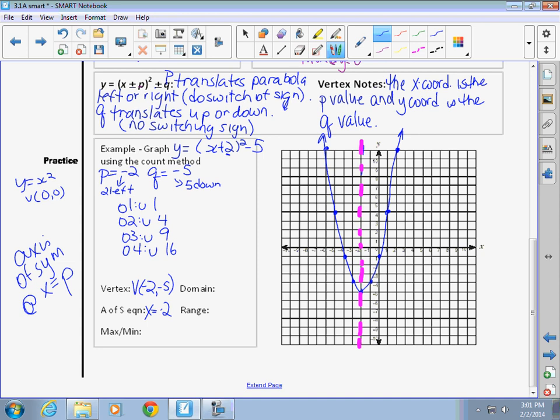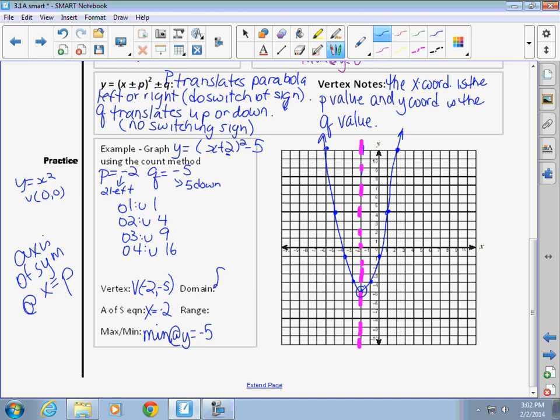Maximum or minimum? Well, my graph is going up, so that means I have a minimum value. And like I said before, my minimum is affected by my q value, which is the y-coordinate of the graph, so that means it's going to be here at -5. So it's everything greater than -5 where that minimum value occurs, or it occurs at y is equal to -5.